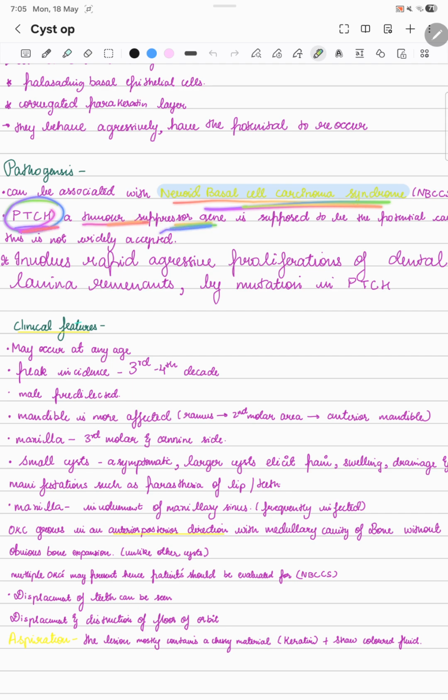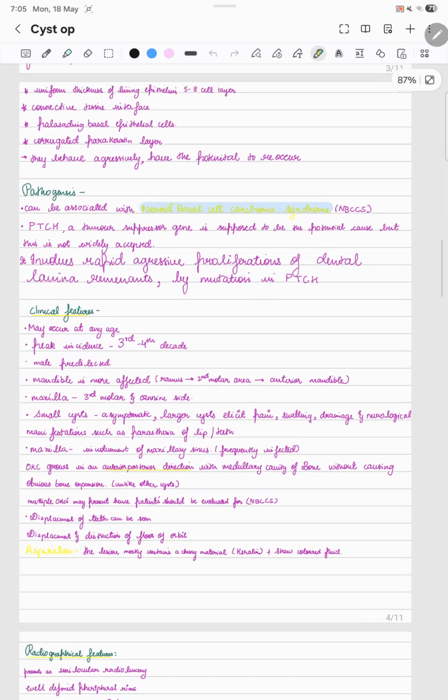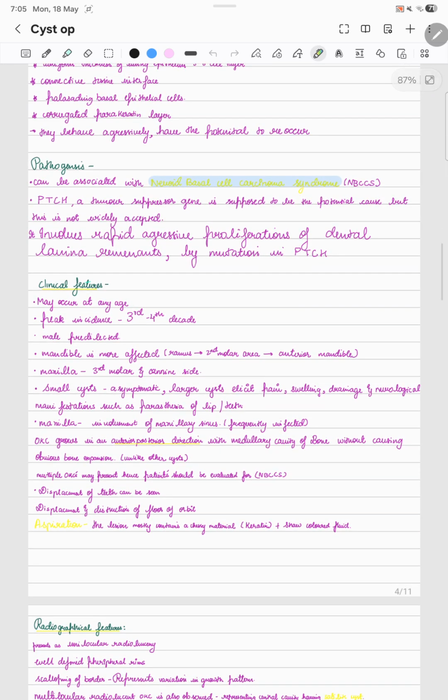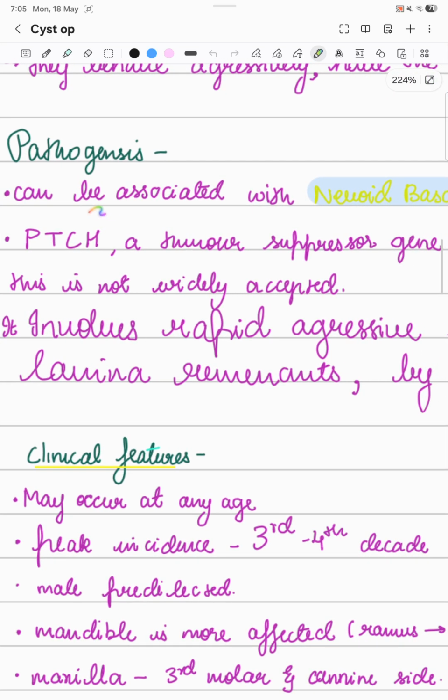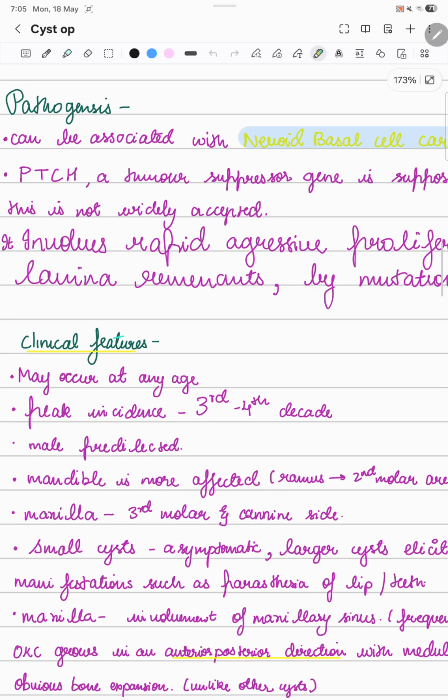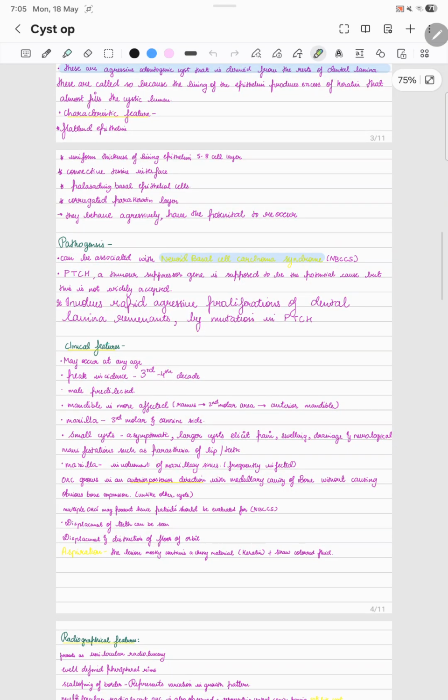Okay, the PTCH tumor suppressor gene is supposed to be the potential cause, but it is not widely accepted. So this PTCH gene is assumed to be the cause, but it is not widely accepted.